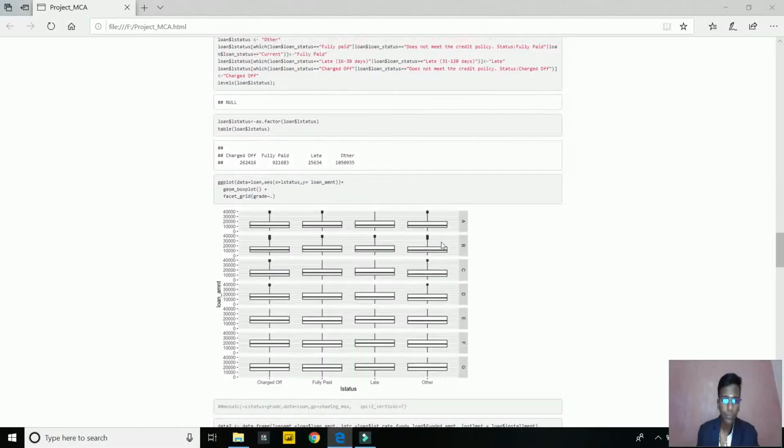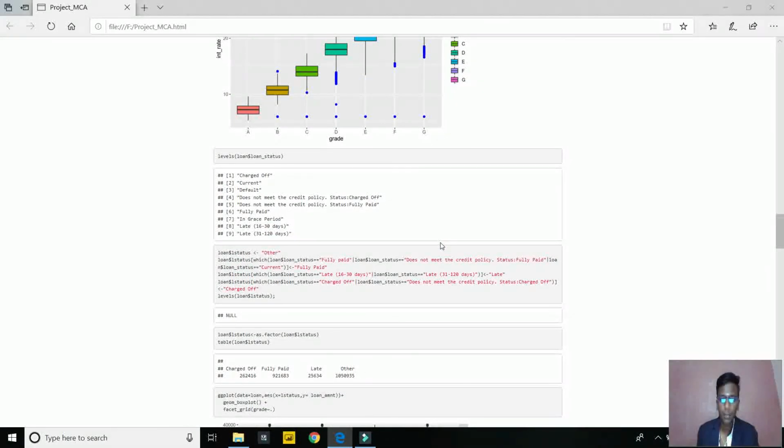And this chart shows whether the loan is paid or not: loan is fully paid, or loan is current, or loan is charged off. These graphs show the loan amount which has been paid or not. So we can easily say which types are charged off, current, default, or does not meet the credit policy, or fully paid.